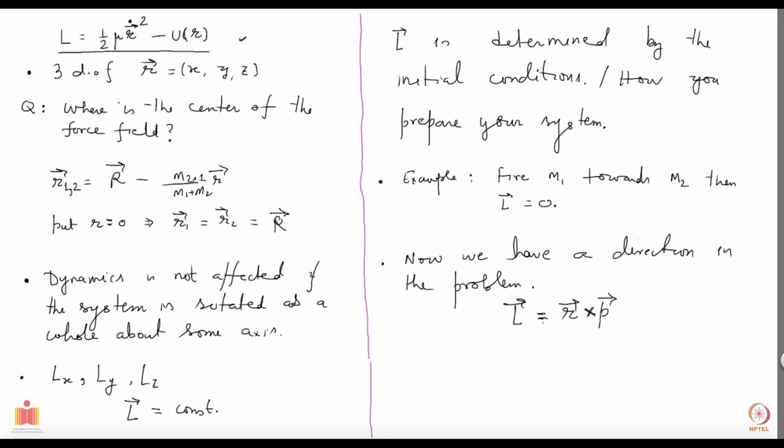Now this equation says that because this is constant for my system, which I have already established based on the symmetry of the problem, something nice follows. First of all, because L is not going to change with time, its direction is not going to change with time, neither its magnitude. Both things will be constant. So direction of L is constant, and magnitude of L is also constant.